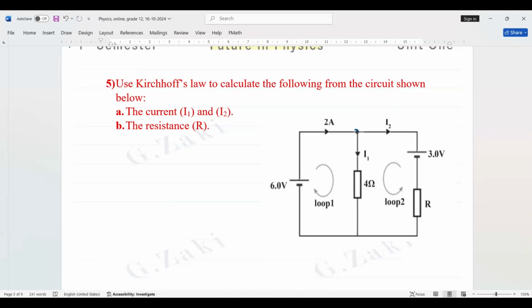Of course, we start with the junctions. It's the same way. This is a junction and this is a junction.